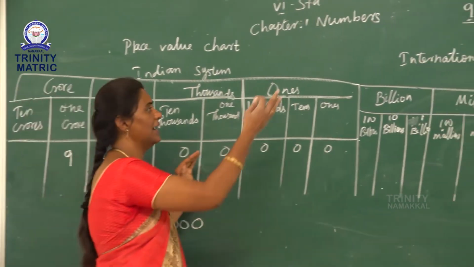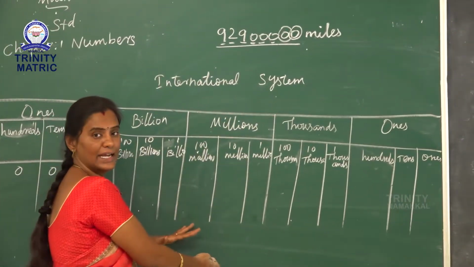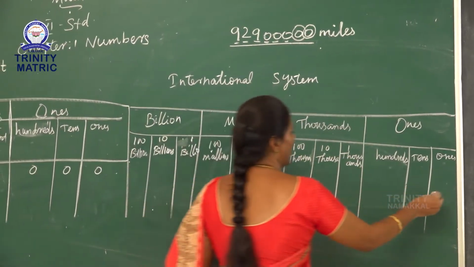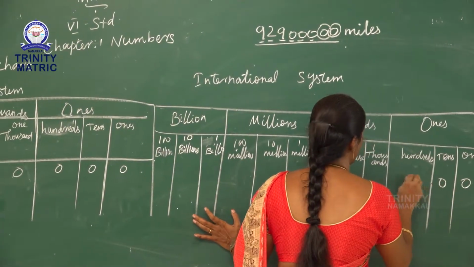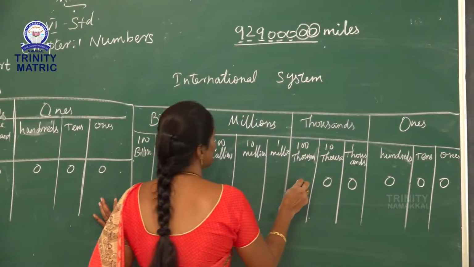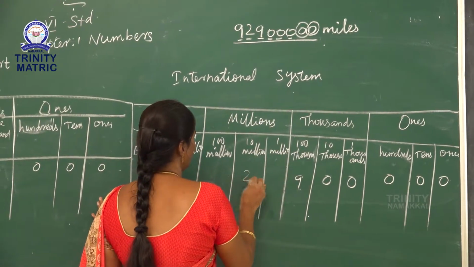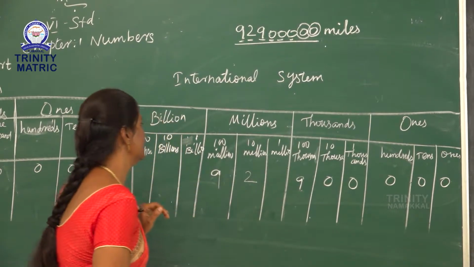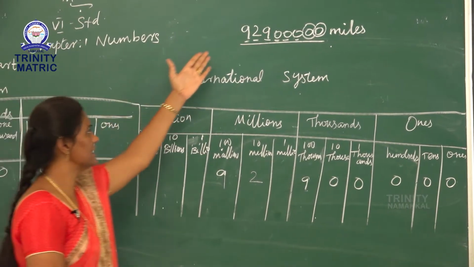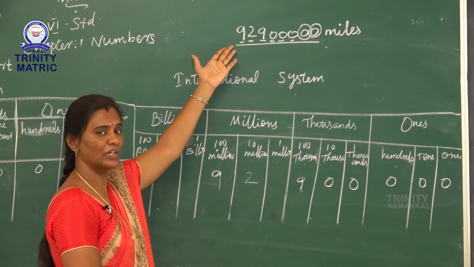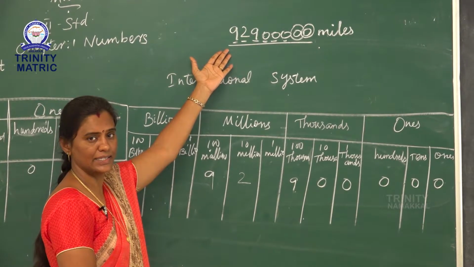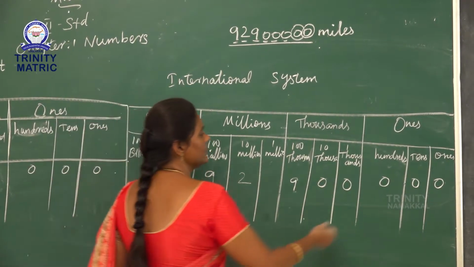For this number, how to read in international system? In the same way, you write the number: ones, tens, hundreds, 1000, 10,000, then 100,000 we have 9, 2, 9. Now we read this number. How to read and put commas in this number in international system? What is the units place?